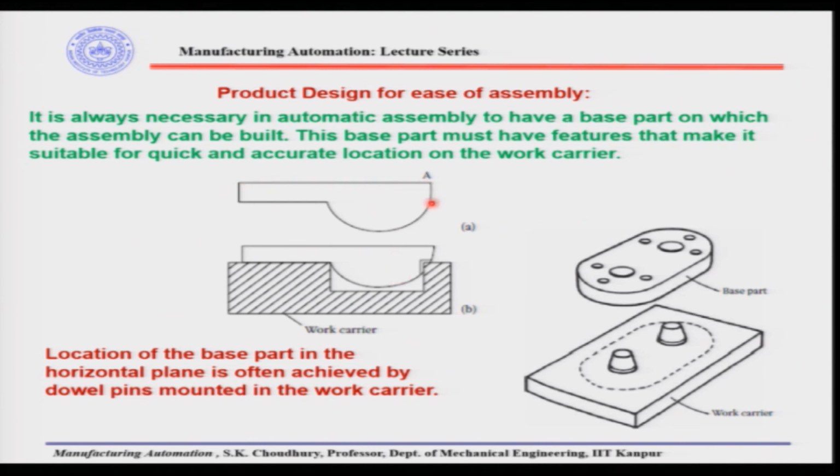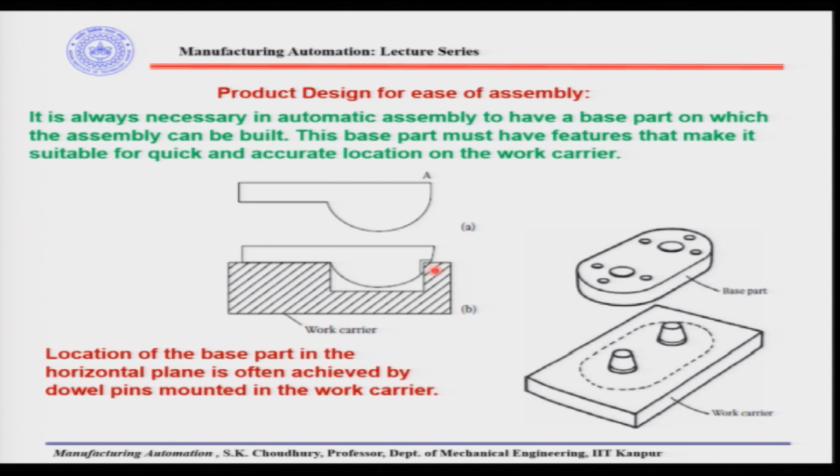So, this base part coming onto the work carrier will be unstable here, because any force you impart at this point will actually rotate the part, as it will be touching these two edges.